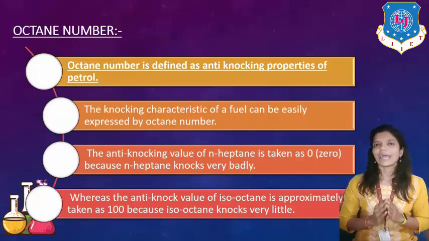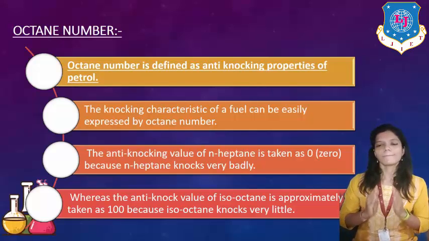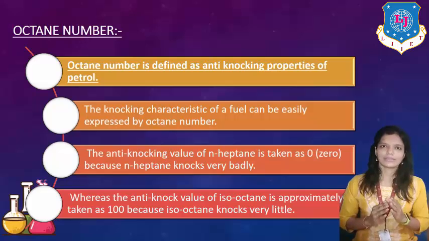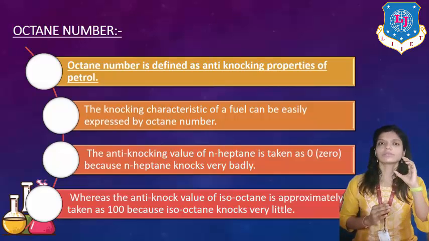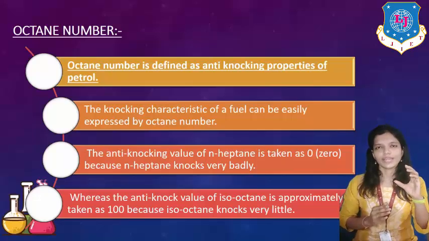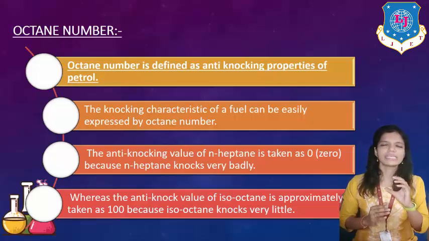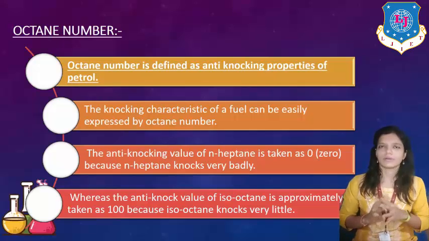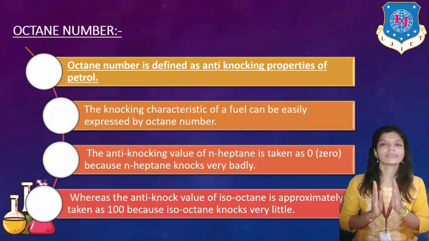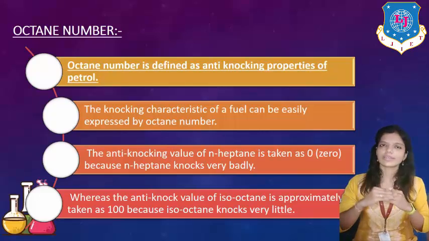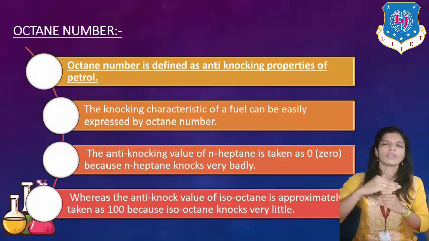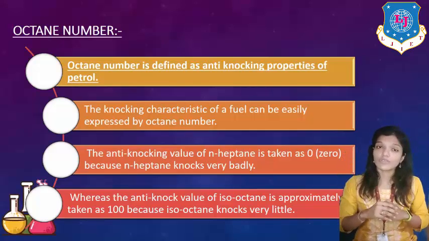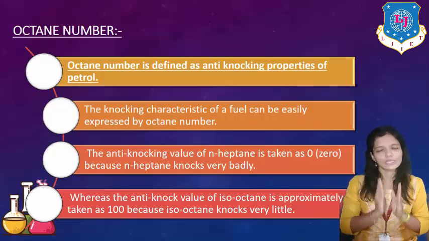The knocking characteristic of a fuel can be easily expressed by the octane number. The anti-knocking value of n-heptane is taken as 0 because n-heptane knocks very badly, and because of that it has a 0 value.